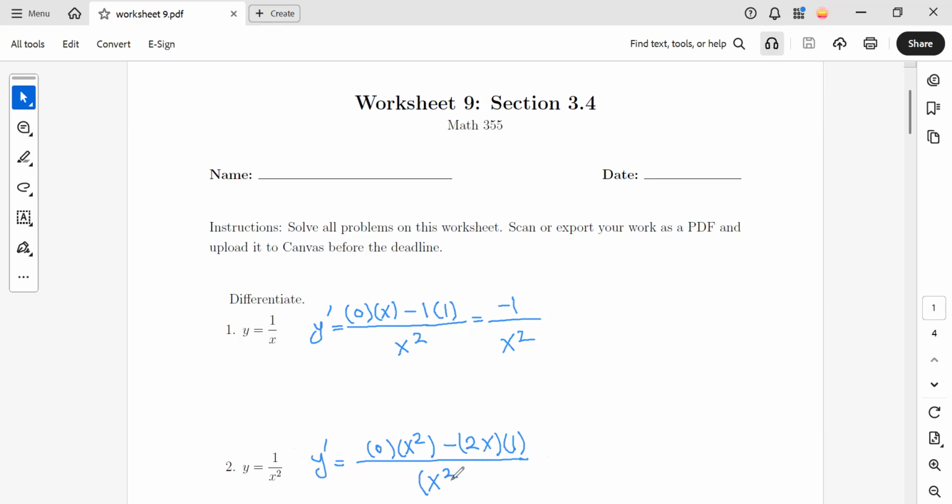It is x squared, so it will be raised to the power 2. Altogether, the top will be -2x over x to the fourth, and then by simplifying, we would get -2 over x cubed.